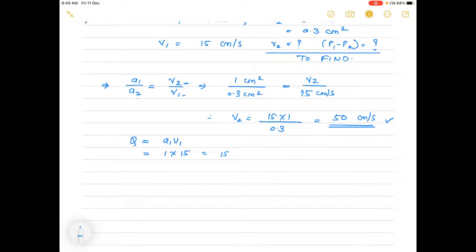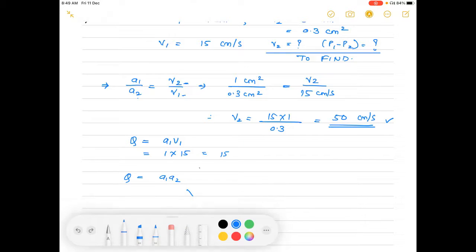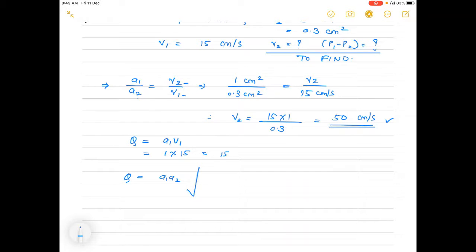This is the volume of water flowing through that pipe. But we also know Q is equal to A1 A2 into square root of 2 into (P1 minus P2) divided by rho into (A1 square minus A2 square).